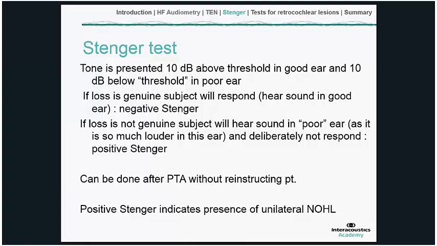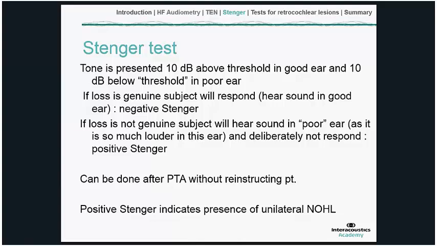We might end up with a negative Stenger, in which case the patient responds to the sound, they've heard it in their good ear, and that means the hearing loss was genuine, there was no non-organic component to it. Or it might be that we have a positive Stenger. What that means is that the patient heard the sound, but had to present as if they hadn't heard it, and they didn't push the button, and so we have a positive Stenger here.